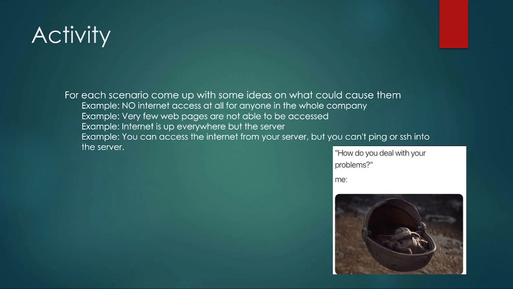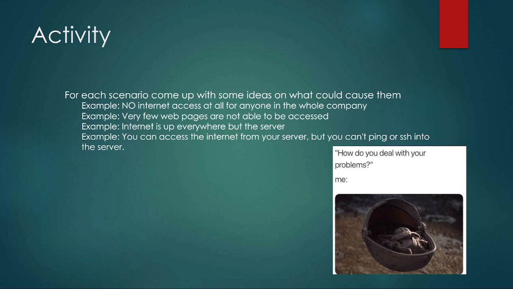The last activity that I am going to have you all do today is come up with some scenarios, come up with some ideas for the given scenarios. For example, there's no internet access for anyone at the whole company. Come up with some ideas about why that might be happening. There's internet access everywhere but the server. What are some reasons or ideas on why that might be happening?